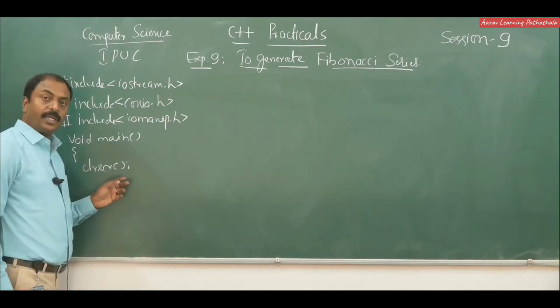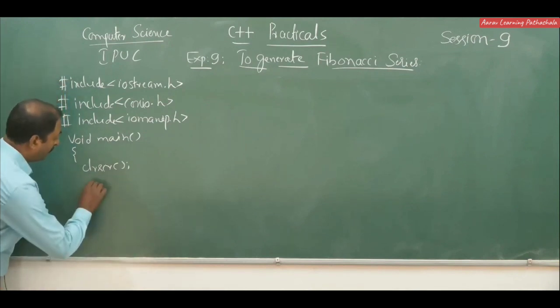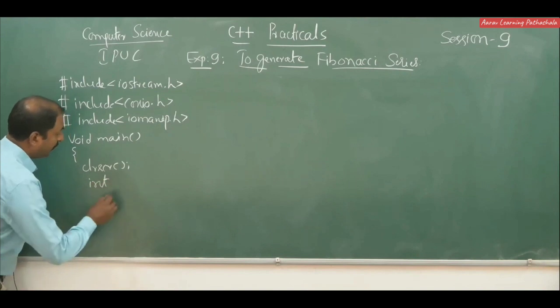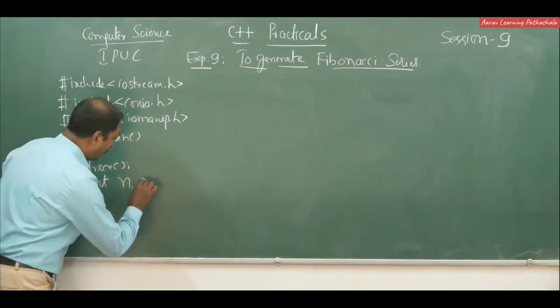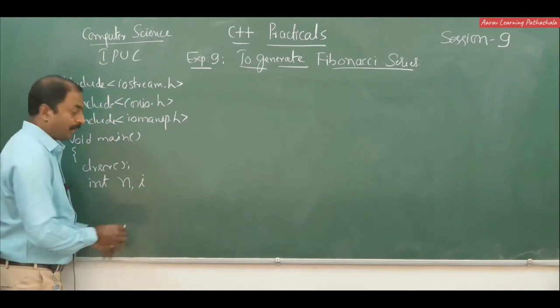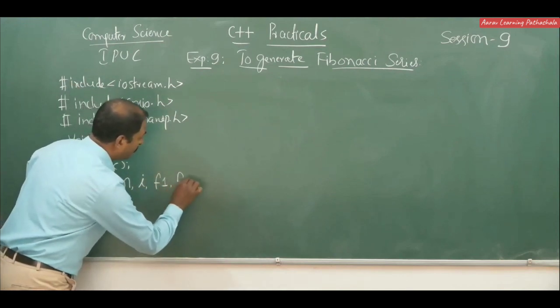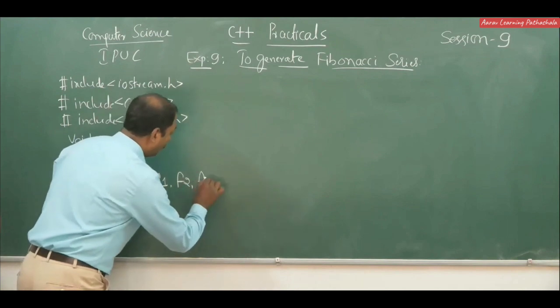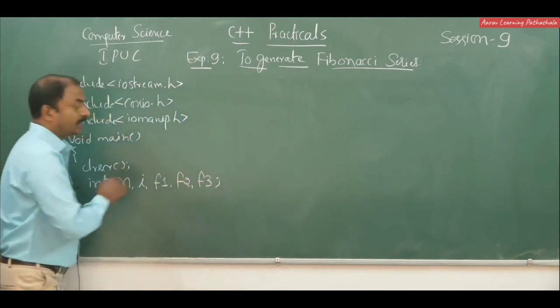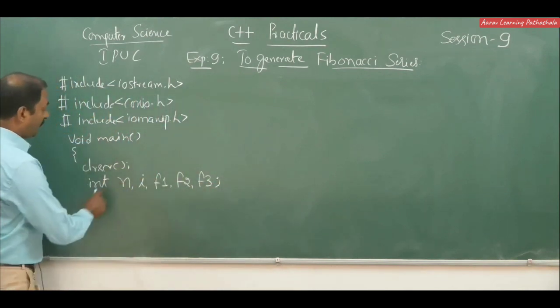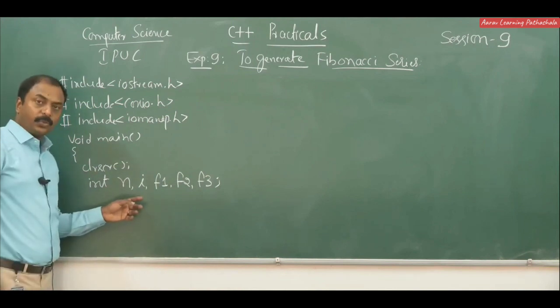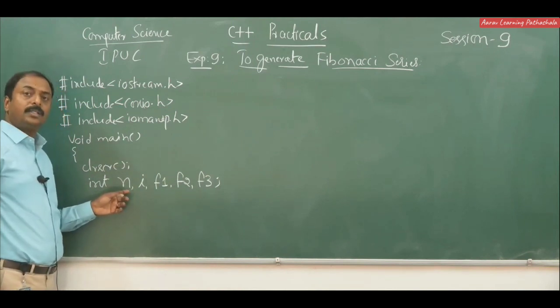Next we have to declare variables. Here we are declaring the variables int n, the limit, i is the loop control variable, and terms f1 for the first term, f2 and f3 for the third term. Next we have to display a message to enter the limit.